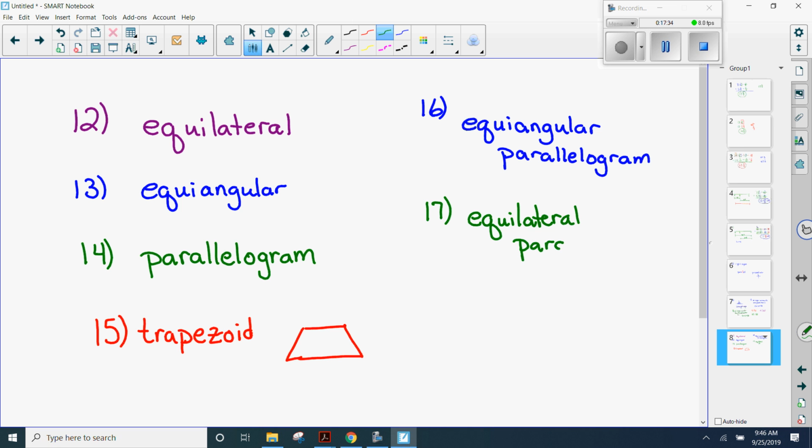Parallelograms have how many sides? 4, which makes it what type of a polygon? What do we call a four-sided polygon? Not a triangle, not a pentagon. Begins with a Q. Quadrilateral. Yep.